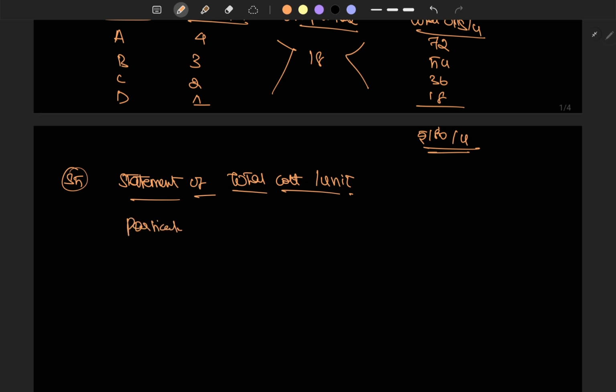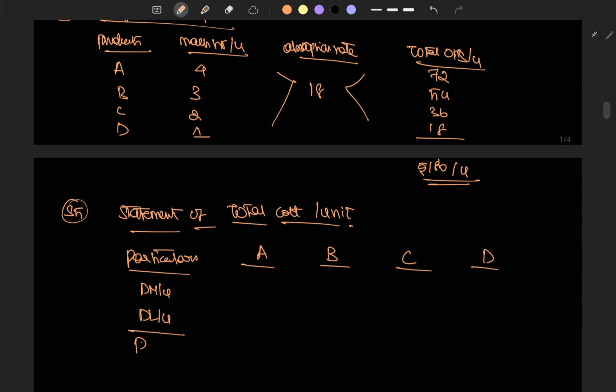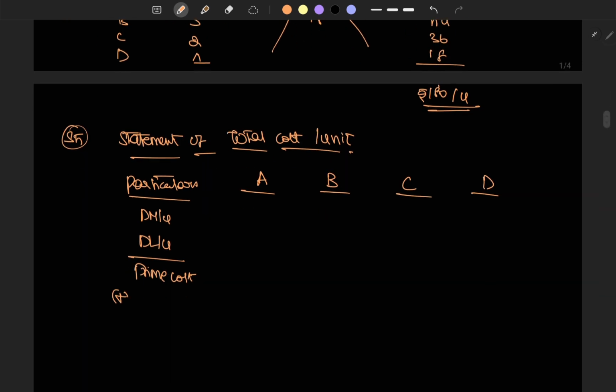Okay, particulars A, B, C, D. DM per unit, DL per unit. What else is given in the question? It gives us prime cost plus the overheads we found. That's it.